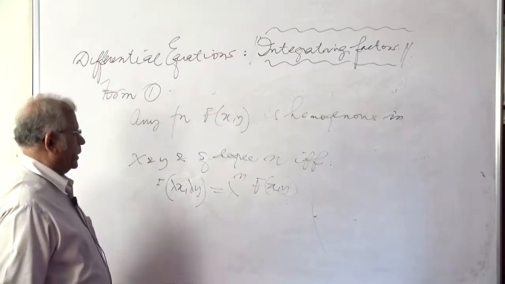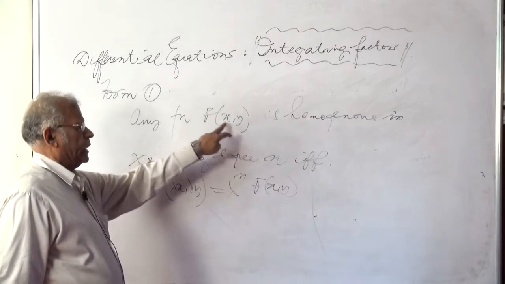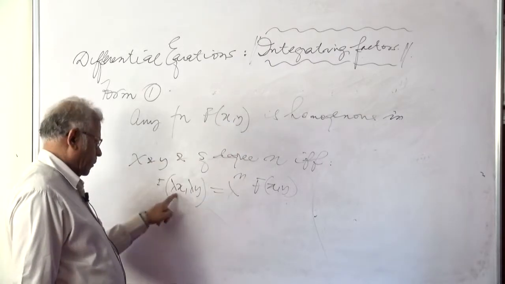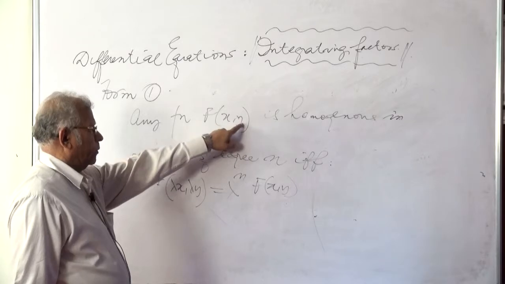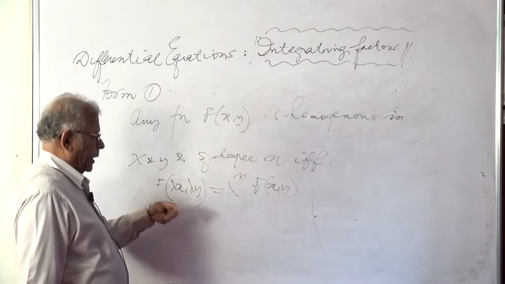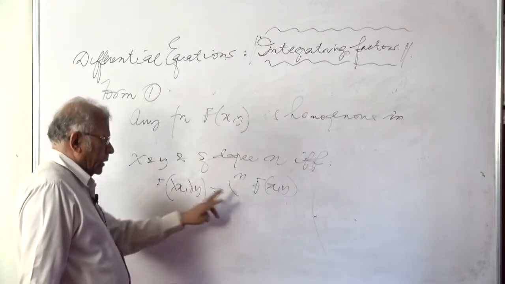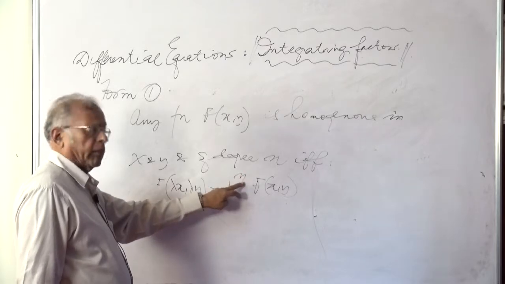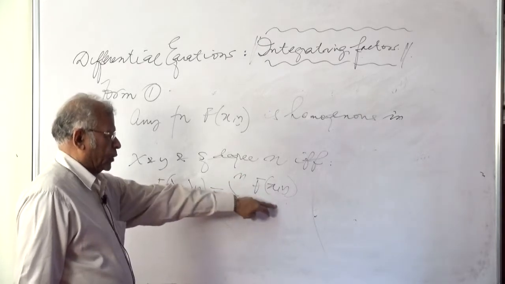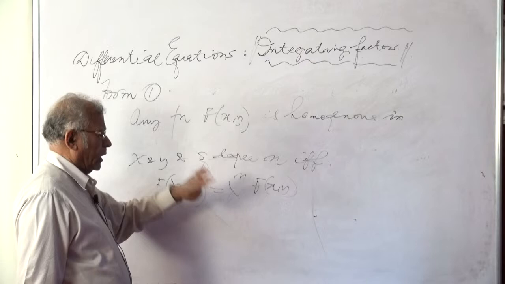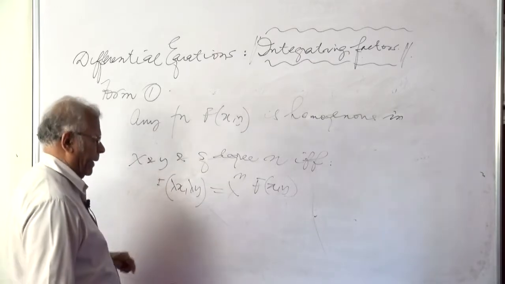In other words, if in the function f(x,y) each x term is replaced by lambda x and each y term is replaced by lambda y, and the resultant is lambda to the power of some n into f(x,y), then that particular function is termed a homogeneous function of degree n.